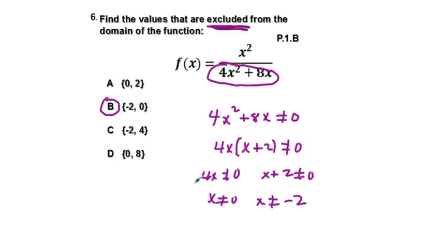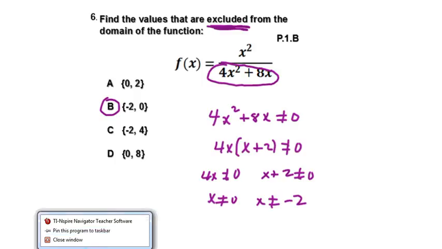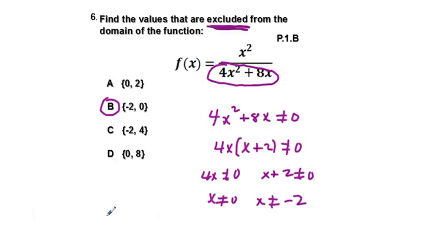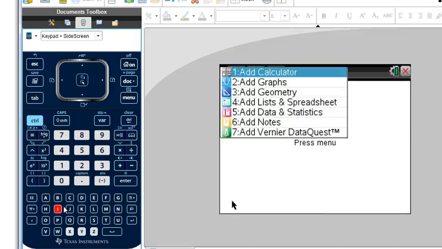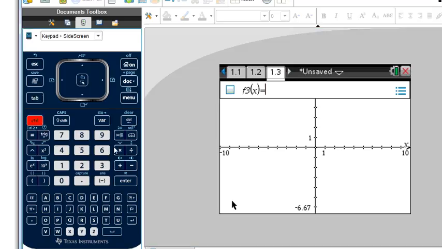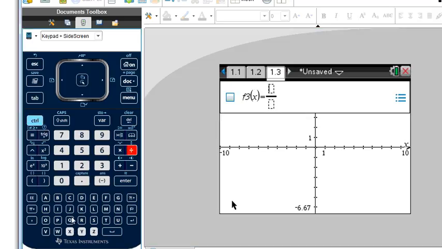And if we graph this in our graphing calculator, we should get some evidence of this. Add graph. We have x squared in the numerator.